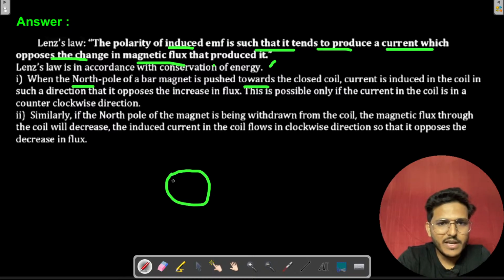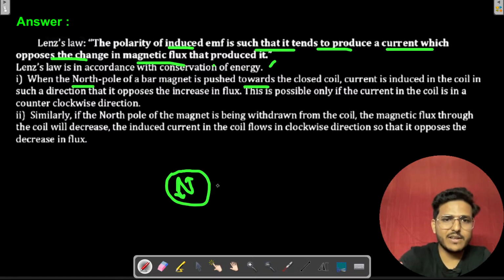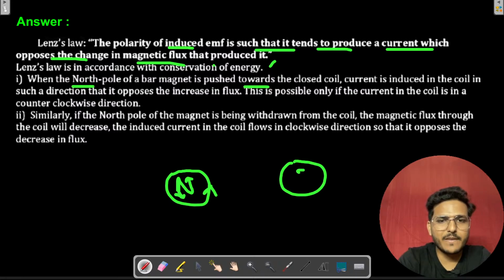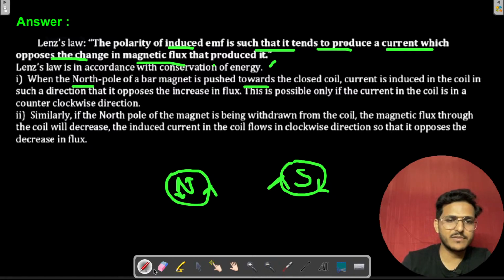Just remember, if the north pole is coming towards the coil, then the coil develops itself as a north pole, and the direction of current is anti-clockwise. If the south pole is coming towards the coil, then it behaves like a south pole, and the direction of current is clockwise.